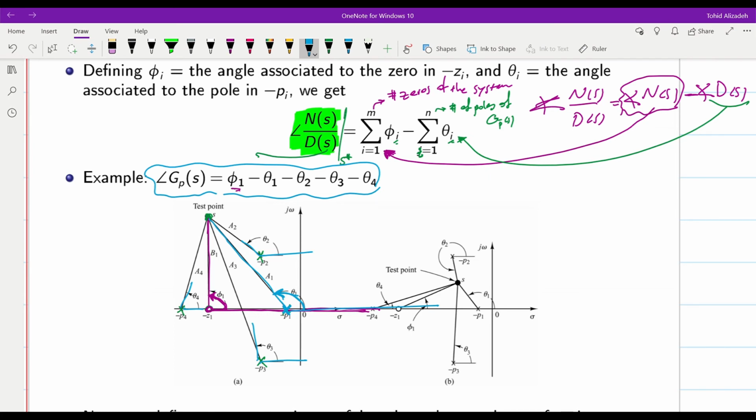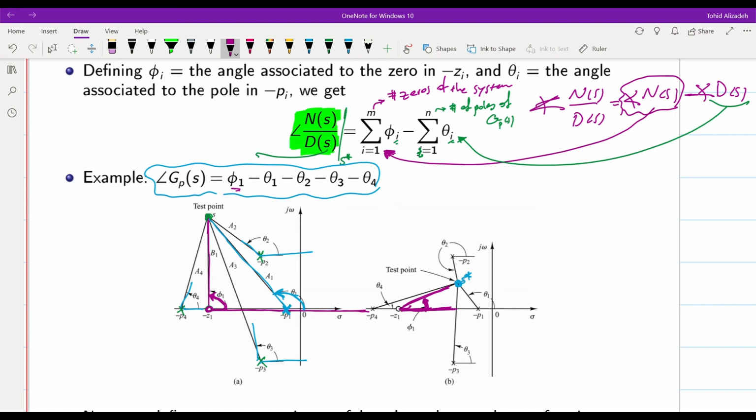For the same system, at another test point, s star over here, the phase is again evaluated. So you can see how it is evaluated for the zero. Again, the zero is connected to that test point. A horizontal line towards plus infinity is drawn on the real axis, and over here we will have phi 1.